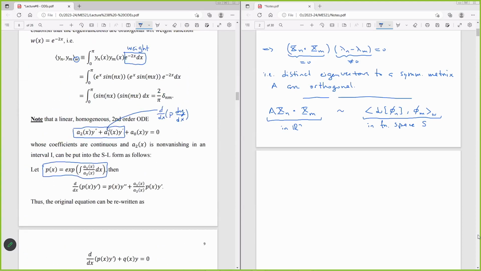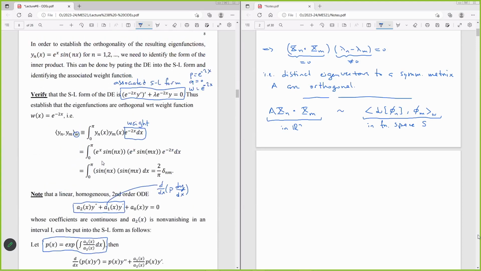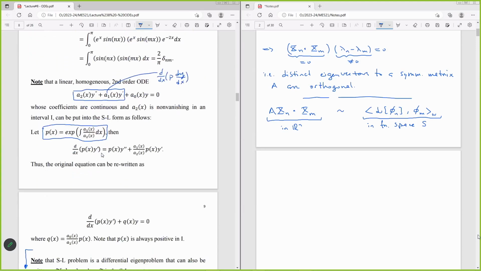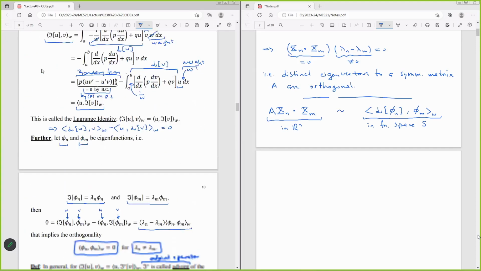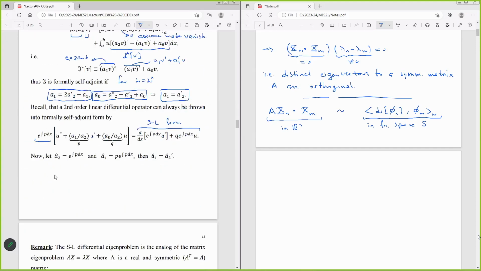Here you go. You see, I used a multiplication factor to convert this to an SL form. So compare this with page 8, double star on page 8.